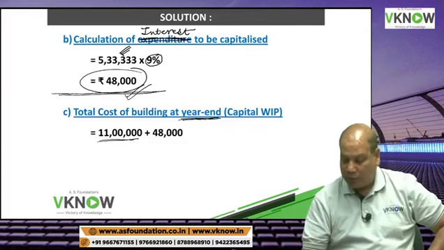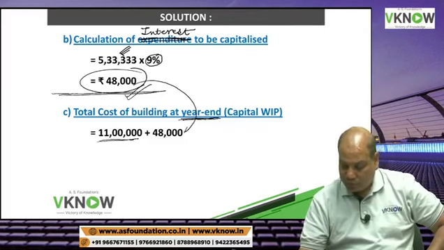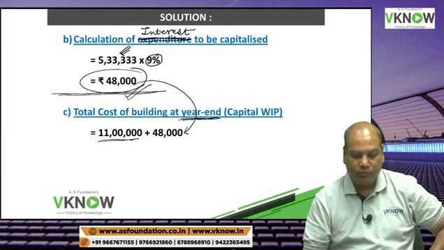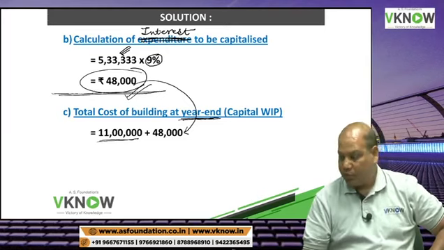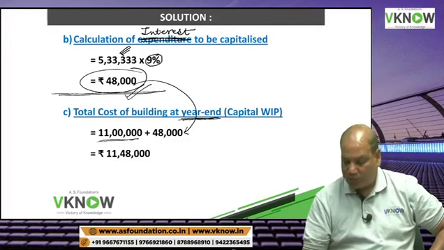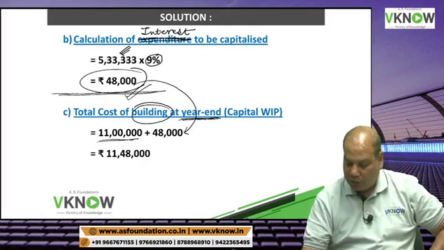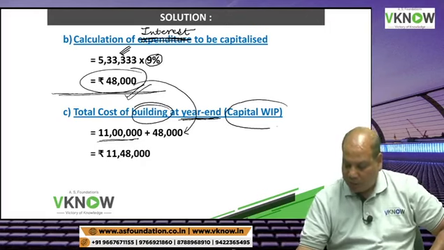11 lakh, and plus this 48,000 also we will capitalize. So that means the building at the end of year 1 will appear as capital WIP.